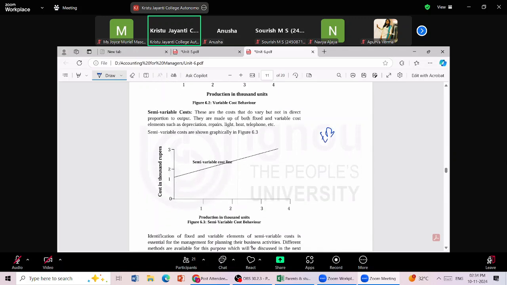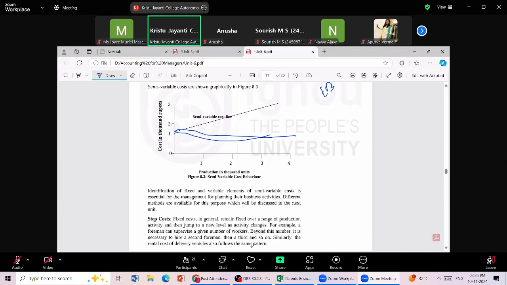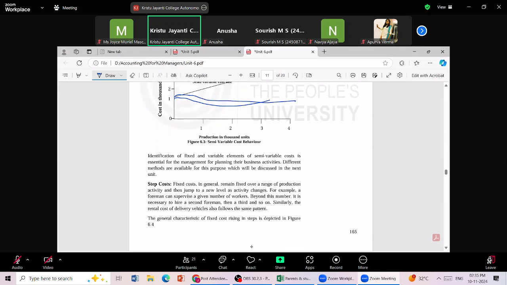It means there is one item fixed, and apart from that, it keeps increasing in proportion to the variable. That is semi-variable cost. Okay. Telephone bill is also an example. The minimum rent you pay is fixed. After that, based on how many hours or how many times you use it, your bill will change. Electricity bill and telephone bill are examples of semi-variable expenses.